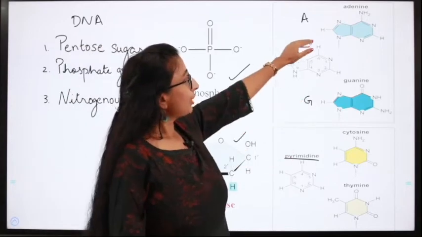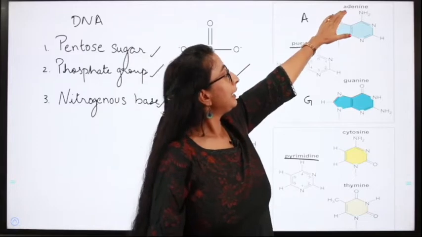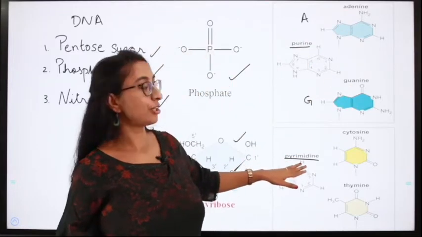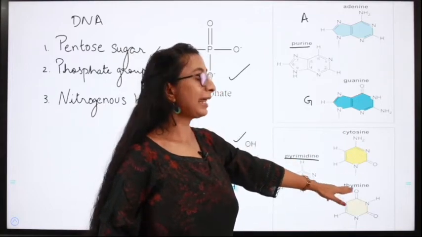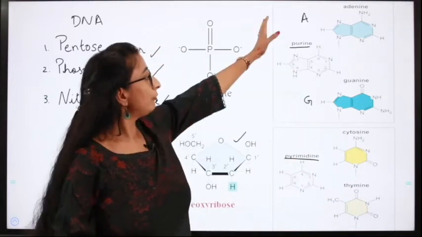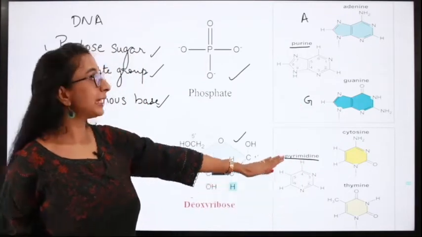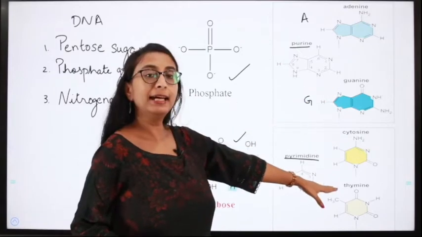So purines are double ring structures. So purines are adenine and guanine, and we have pyrimidines which are single ring structures. That is, we have two pyrimidines, that is cytosine and thymine. So these are the four nitrogenous bases which are present in DNA, that is adenine, guanine, cytosine and thymine.